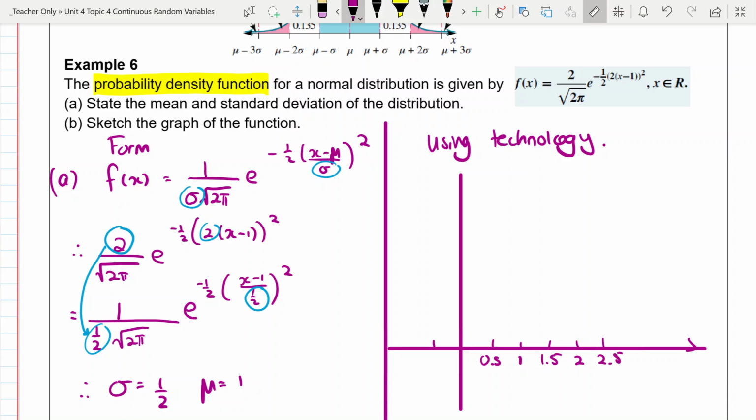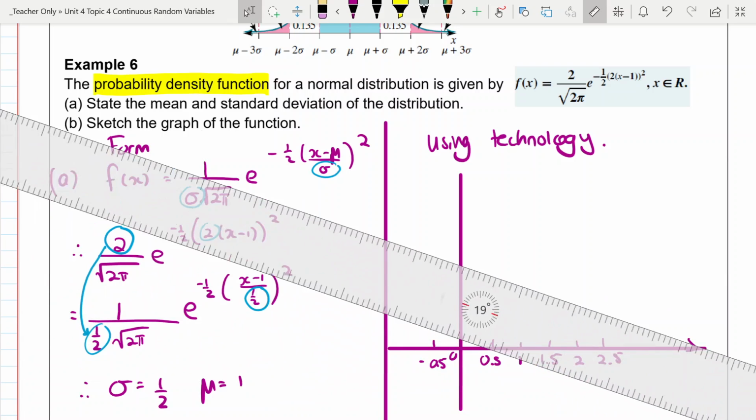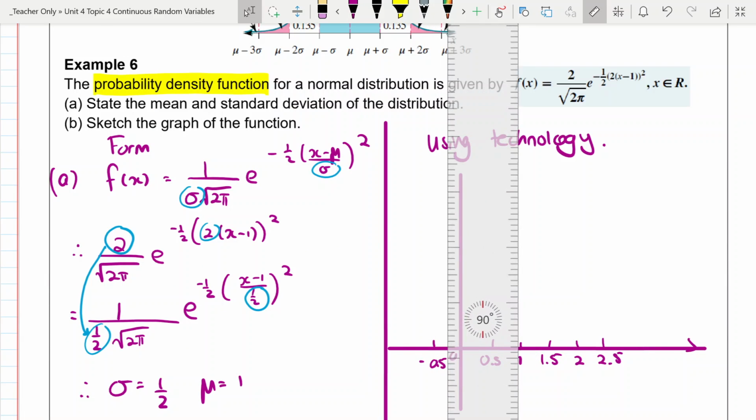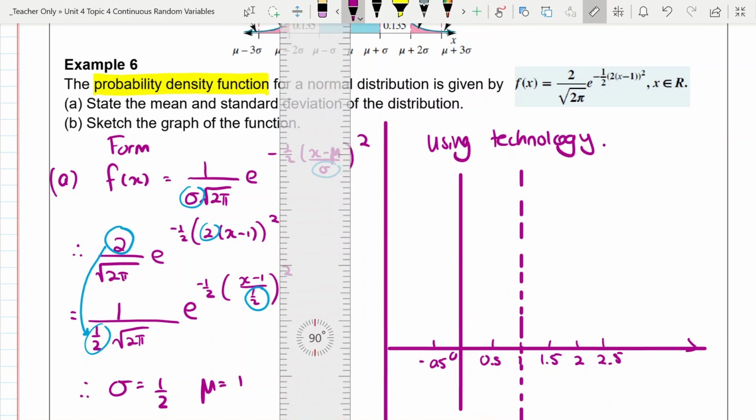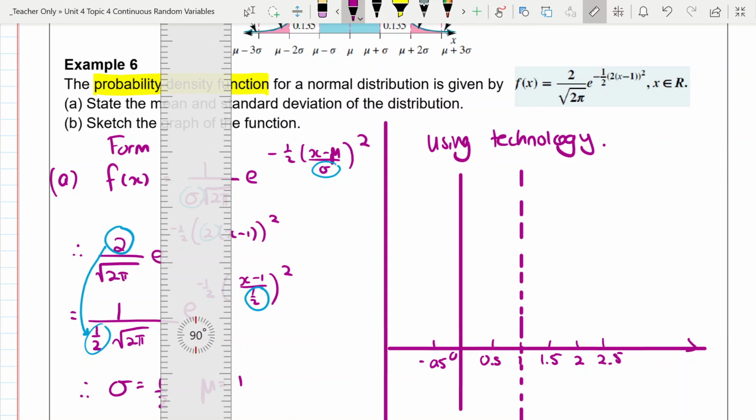We know that our mean is 1, so we're going to put our dotted line through our mean, and we're going to draw a beautiful bell-shaped curve. Remember that you need to try and get it as symmetrical about the mean as you possibly can, and it looks something like this. And this point up here will be 1 and 2 over root 2 pi.